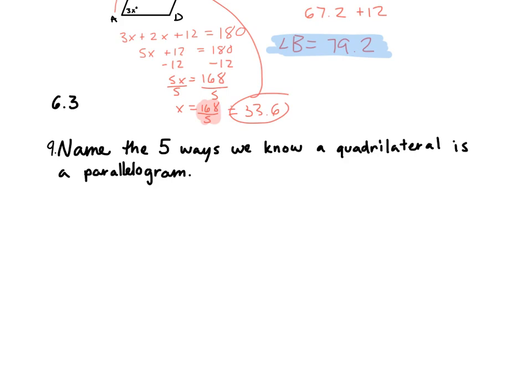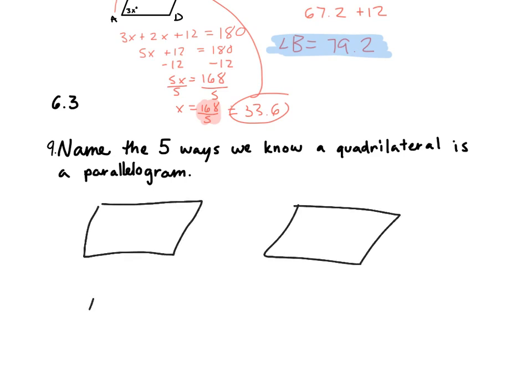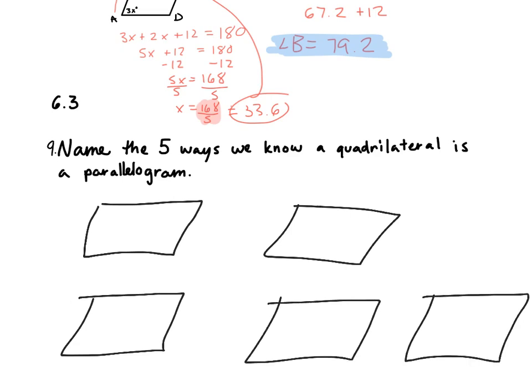Name the 5 ways we know a quadrilateral is a parallelogram. Sophia, what's one way that we know a quadrilateral is a parallelogram? Both pairs of opposite sides are parallel.